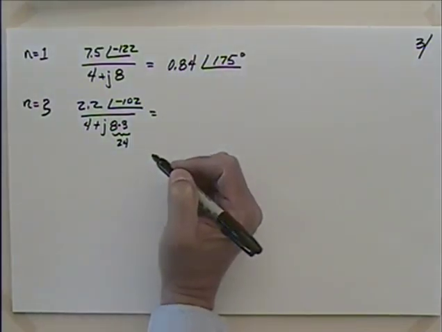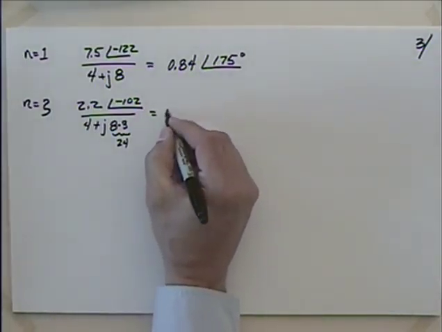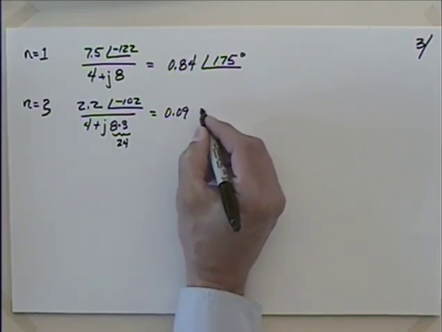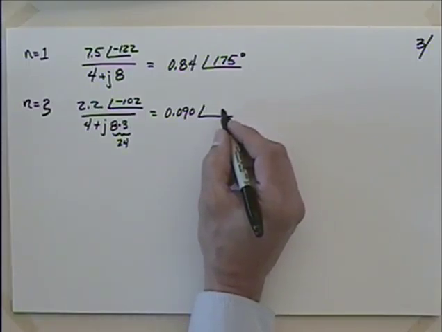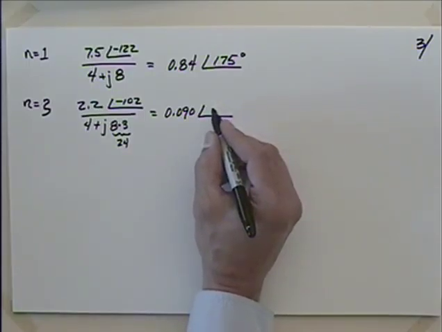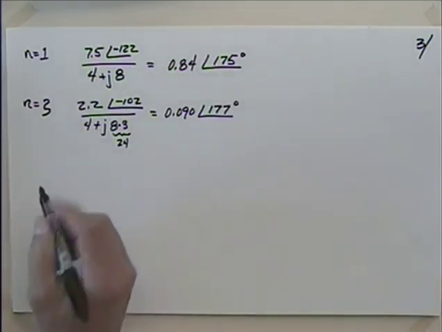So when you run through that, what do we come up with? 0.090 at an angle of positive 177.